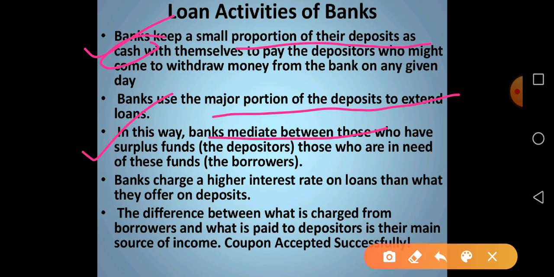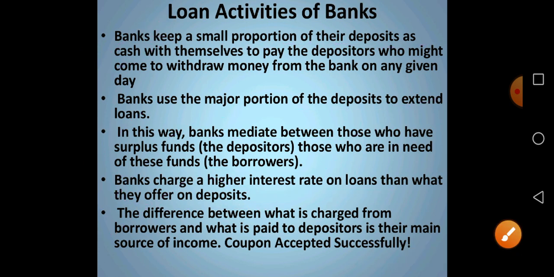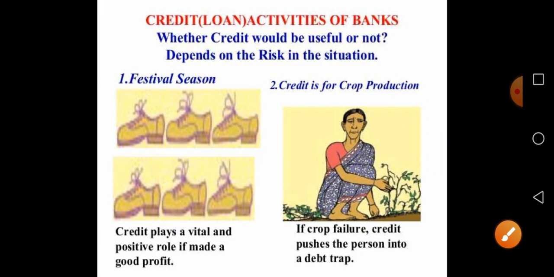In this way the bank mediates between those who have surplus funds, the depositors, and borrowers. If more is deposited, the bank can provide loans to more persons. The bank charges a higher rate of interest on loans than what it offers on deposits. The difference between what is charged from the borrower and what is paid to the depositor is the main source of income. These were the loan activities done by the bank.